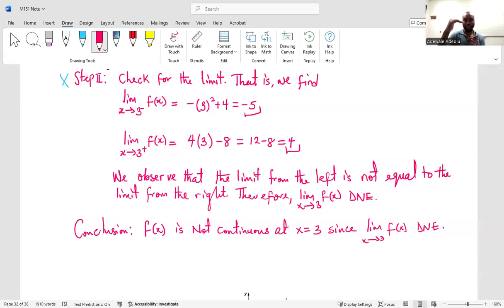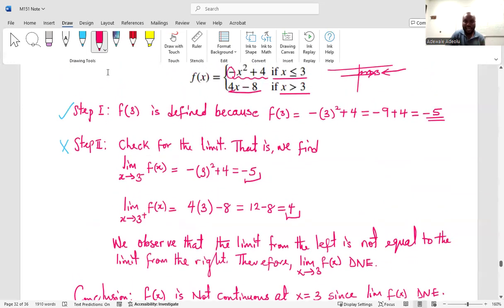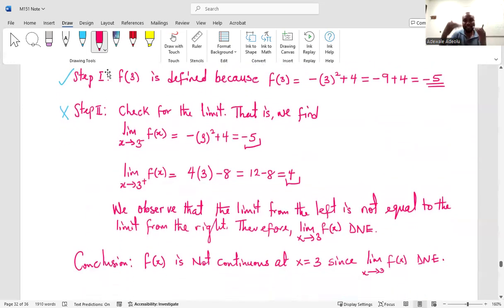So look at the way I showed everything, very clear. So when you write, make efforts to write it out clearly so that someone who is reading your work will understand what you are communicating to them.